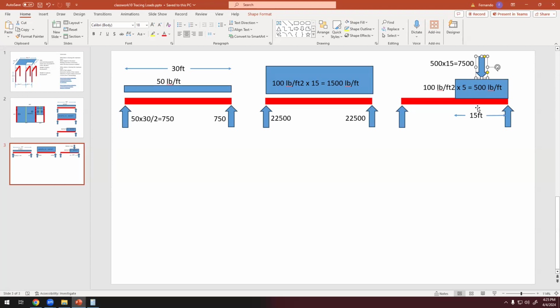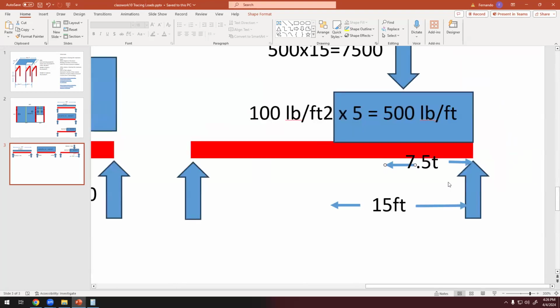So that distance is 7.5 away from this point.